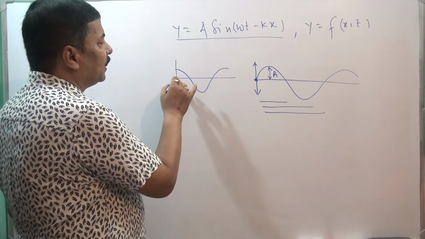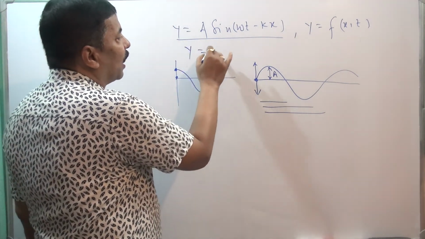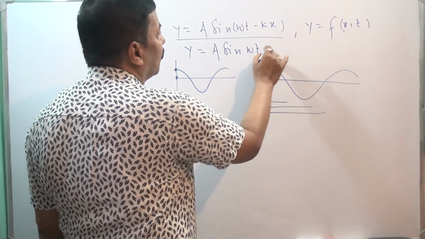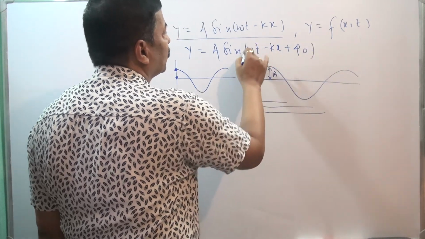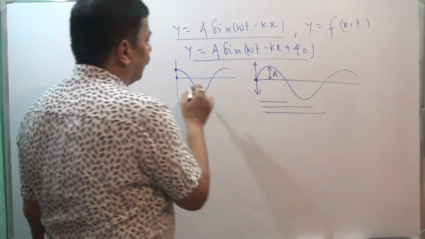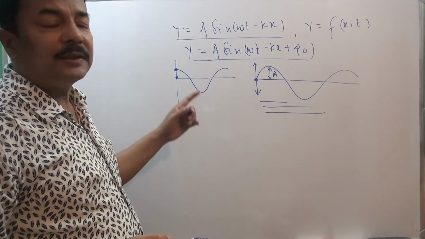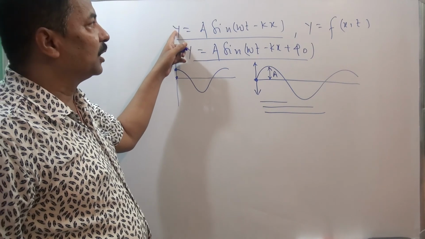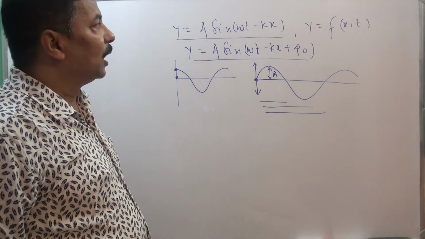Naturally, some initial phase needs to be added. So we can write y = A sin(ωt − kx + φ₀). This φ₀ is your initial phase. So y is the particle displacement and the maximum value is A, that is the amplitude.